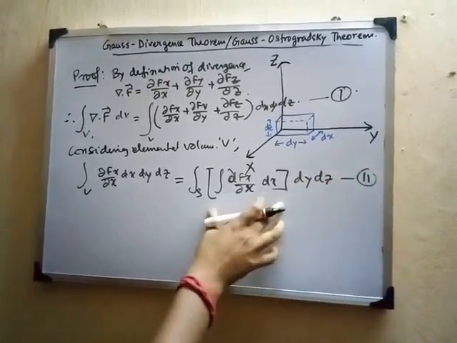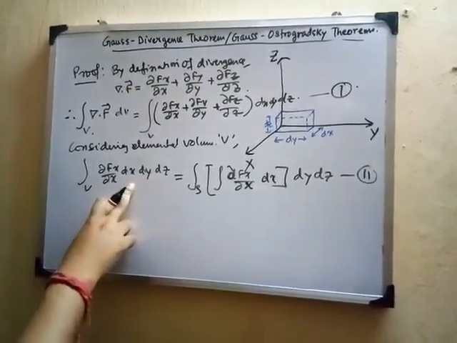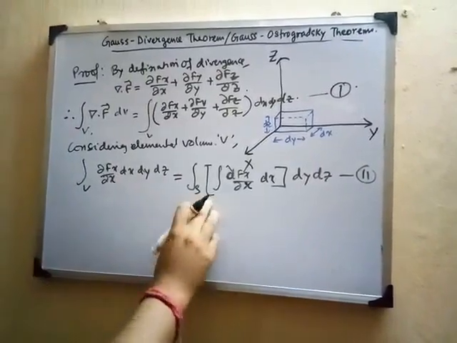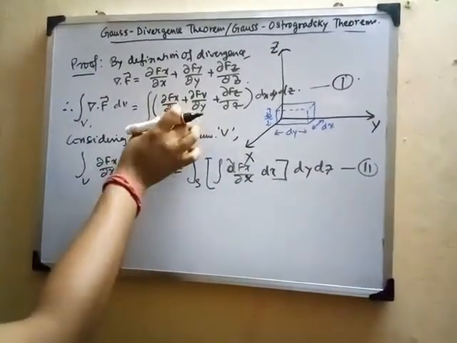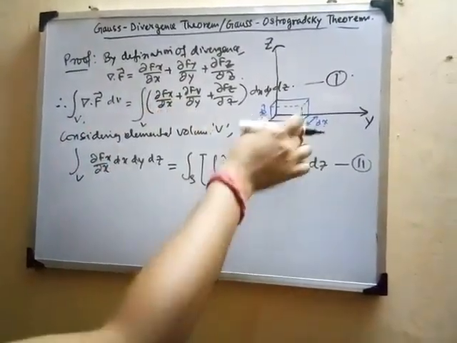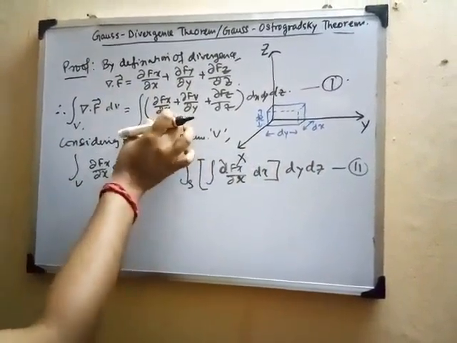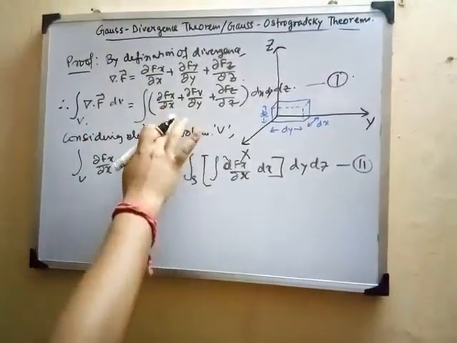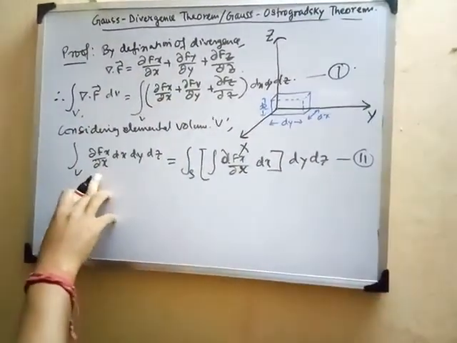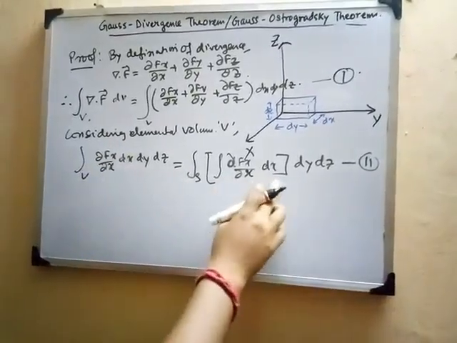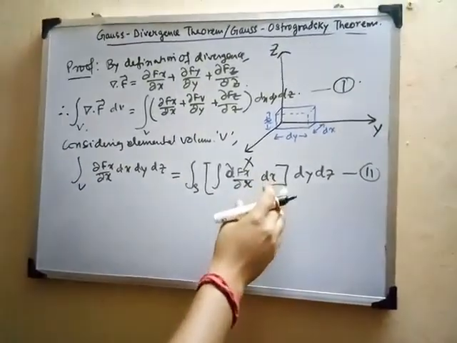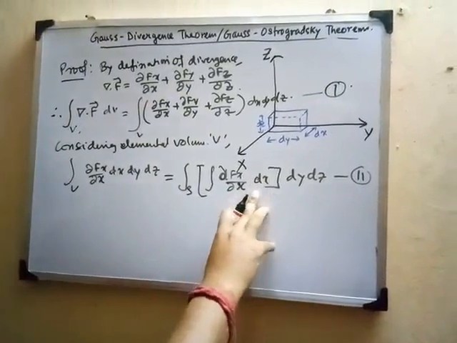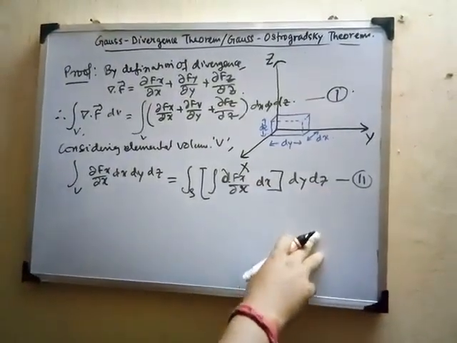Here x is already taken inside because this represents only the x part. We are considering only the x direction, so we have taken only del fx by del x here, and correspondingly the dx term, and we have left out dy and dz.